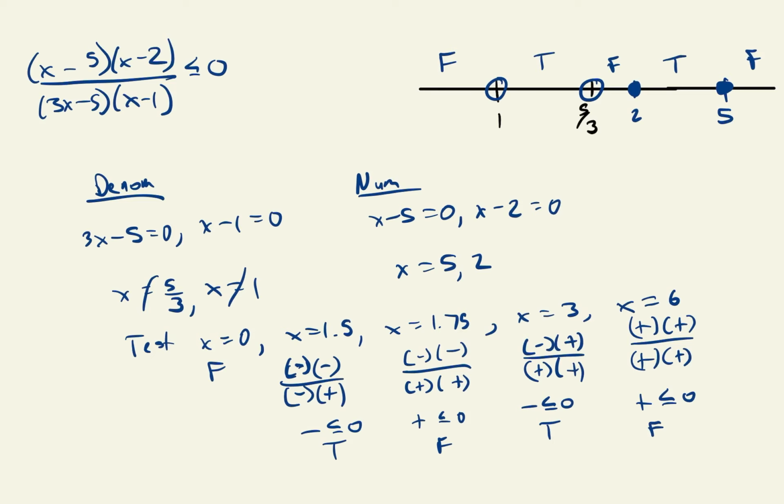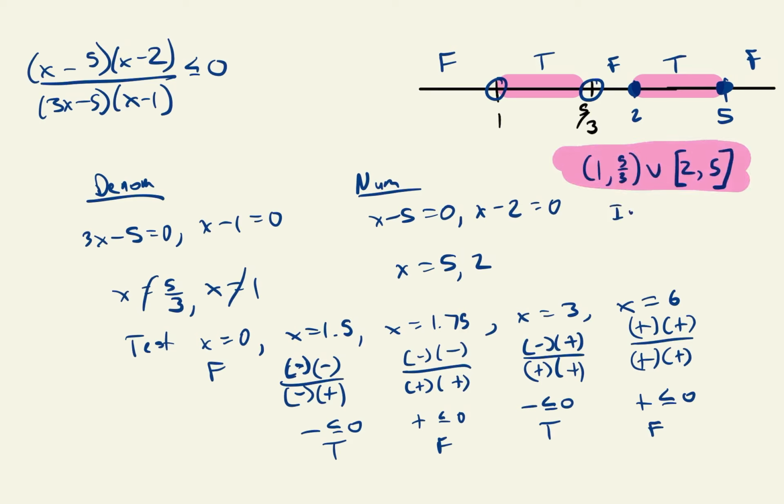So our final solution set is the ones that are true, that one and that one, and that does it. The interval would be 1, 5/3 union 2, 5, but the 2 and the 5 are inclusive, which means square brackets on both sides. That is the final interval notation.